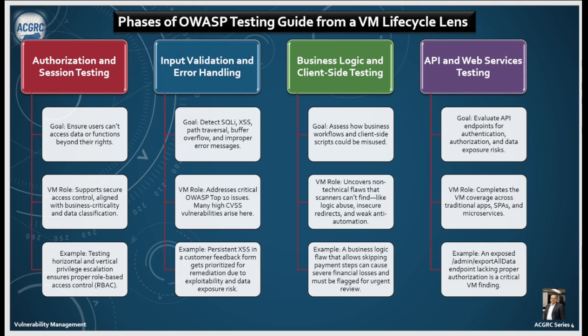From a vulnerability management perspective, these are common and high impact vulnerabilities, especially in user facing applications. They support the detect, protect, and respond phases of NIST CSF. Catching them early prevents data leaks, unauthorized access, and code execution risk.